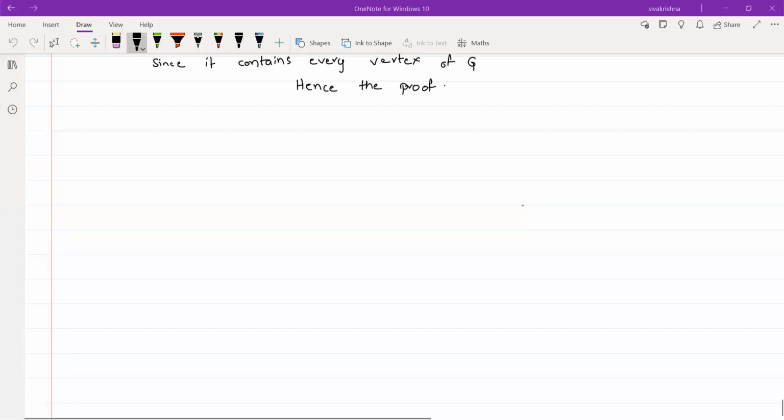Okay, so coming to the definition, that is weighted graph.